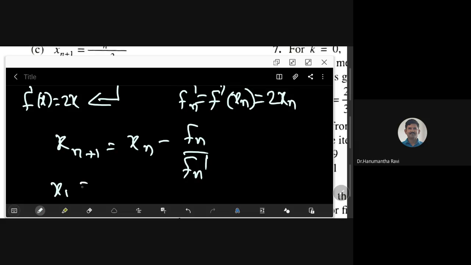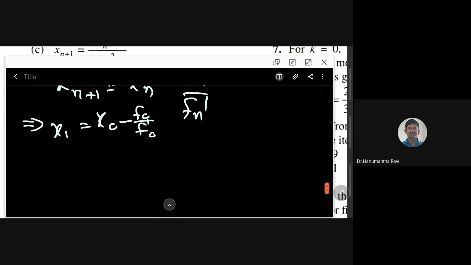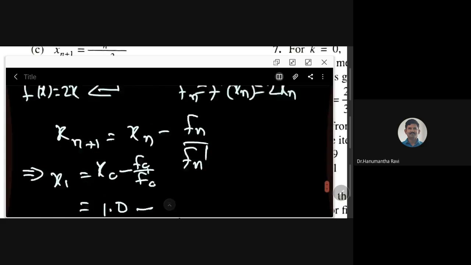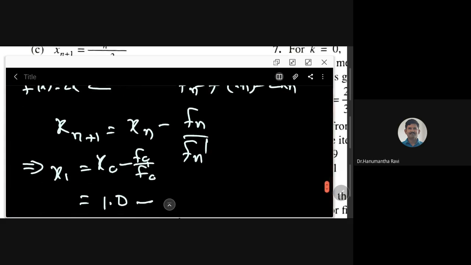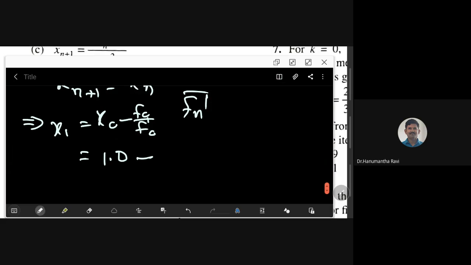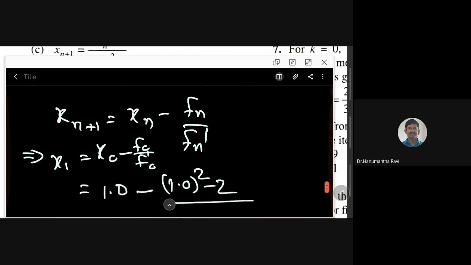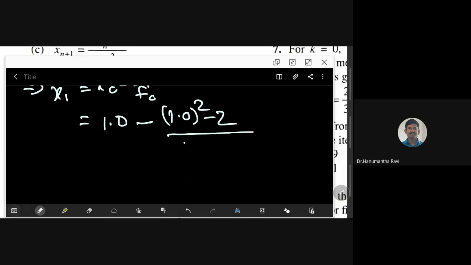So x1 is x0 minus f0 by f0 dash. x0 is 1.0, minus f0, which is x0 square minus 2, so 1.0 whole square minus 2, by f dash 0, which is 2 into x0, so 2 into 1.0.